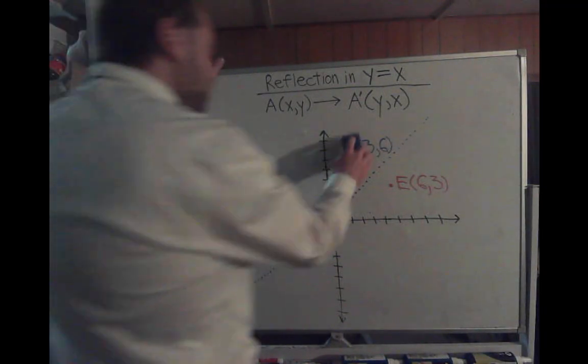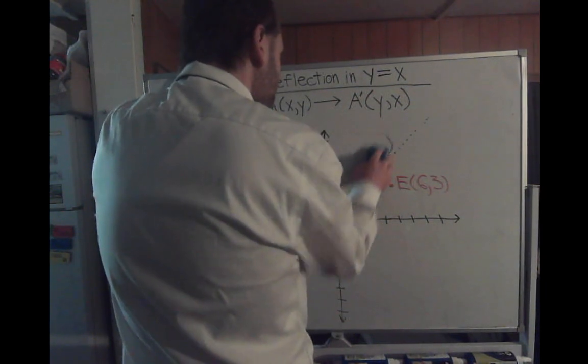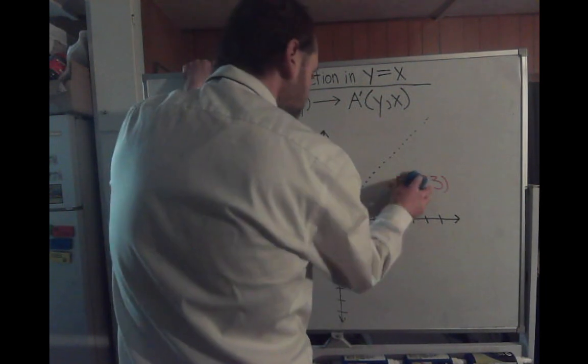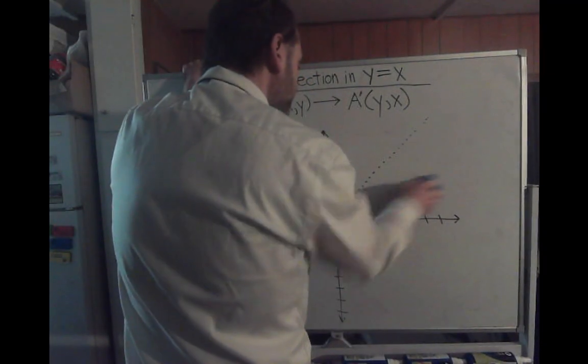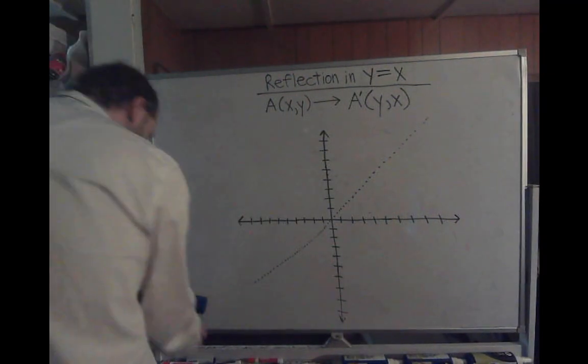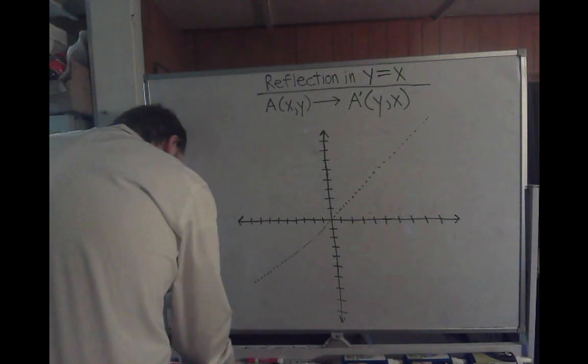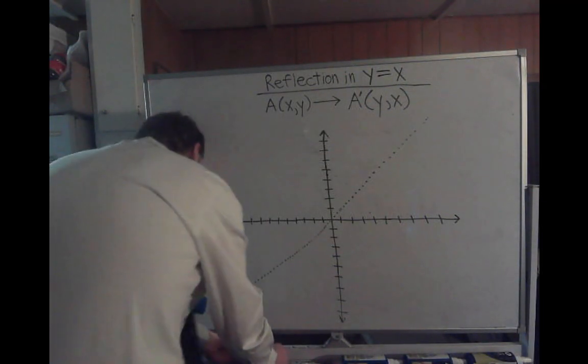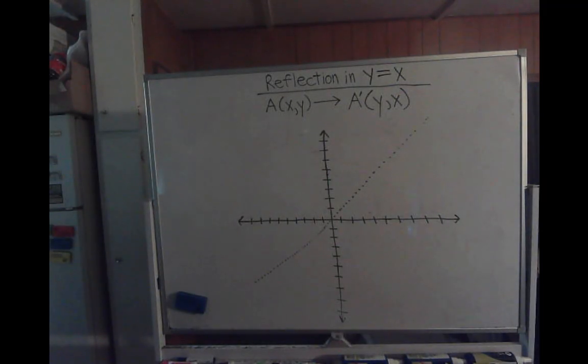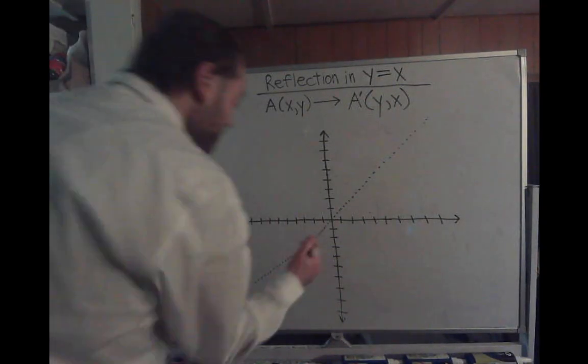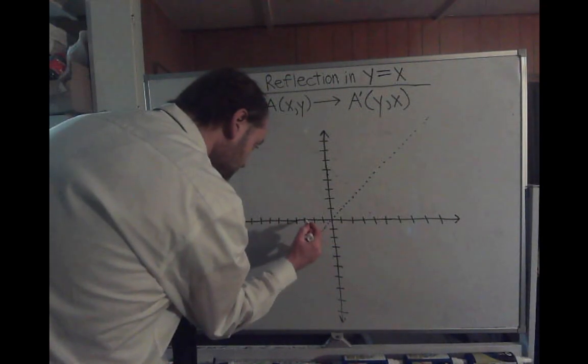All right, let's do a point F. Point F is located at (-3, 1).